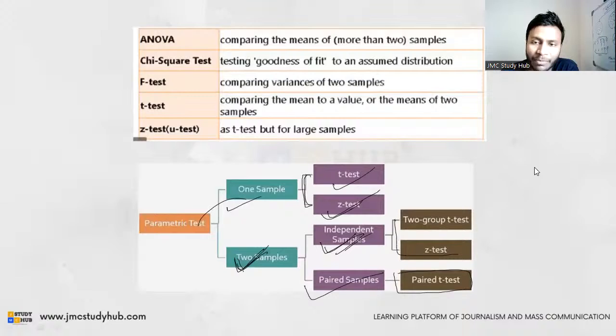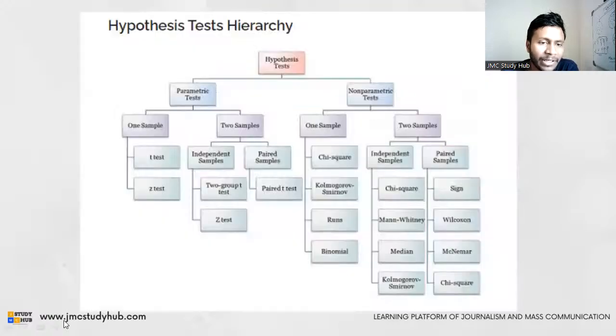So remember the chart in your mind, then nothing will create a problem. So this is very important: when it is the t test, when it is the z test, when it is the paired t test. So remember this chart, take a screenshot and solve the questions. Okay, similarly here, अब दोनों का चार्ट थोड़ा सा इसका और क्लासिफिकेशन से इन द डिटेल इट इज क्लासिफाइड। ओके, सो विल रीड द चार्ट ओनली। ओके, चलिए, सो यहाँ पर देखिए, हाइपोथेसिस टेस्ट हमने यहाँ पे डिस्कस किया था, this thing is clear, parametric and non-parametric. Okay, the one sample and two sample tests would be in both parametric and non-parametric, right?